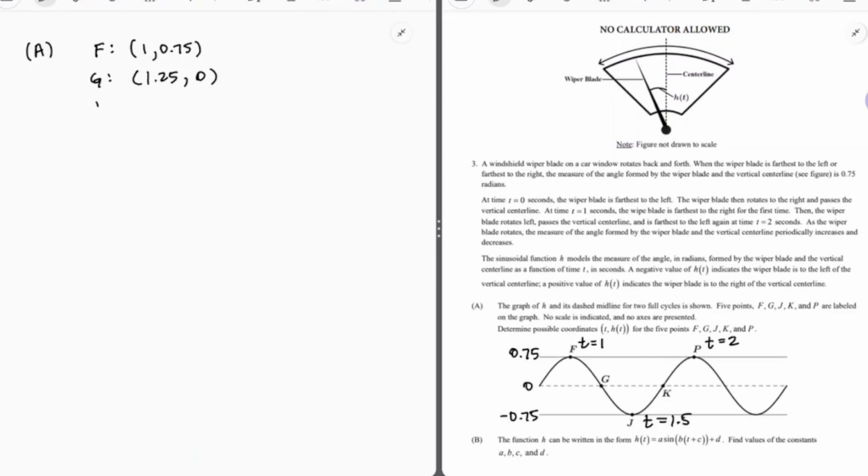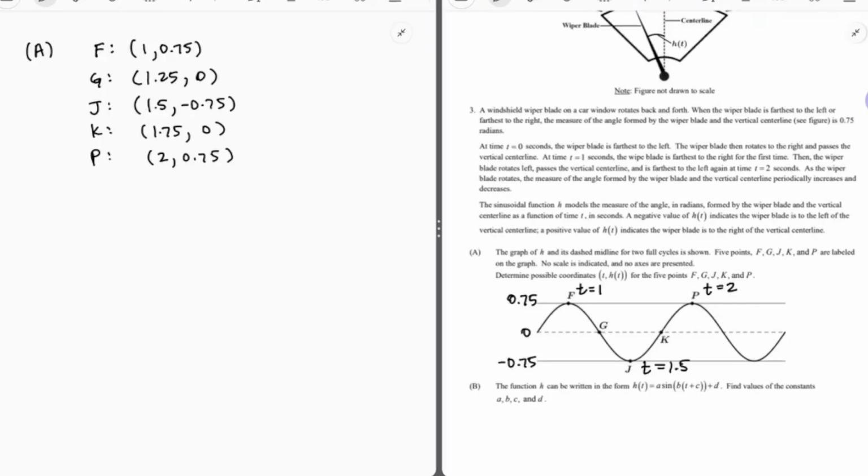J comes next, so that's going to be 1.5 and negative 0.75. K, 1.75 and 0, and then P, the last point, will be 2 and 0.75, because it's back to the farthest left spot. Okay, so I've got possible coordinates for each of the 5 points.